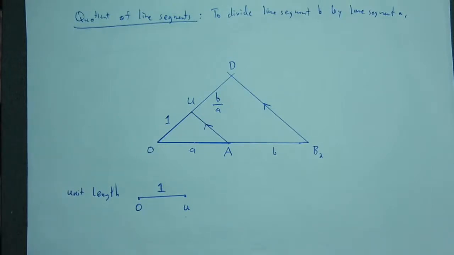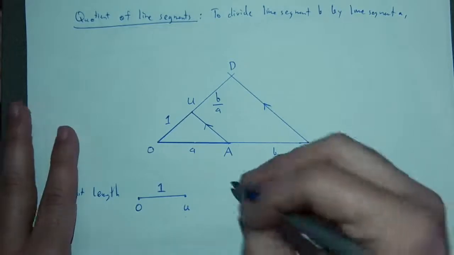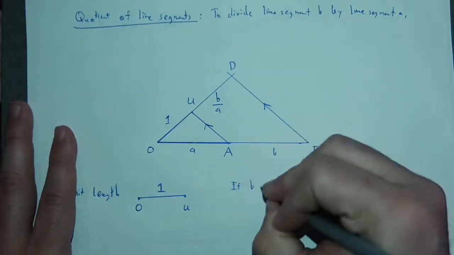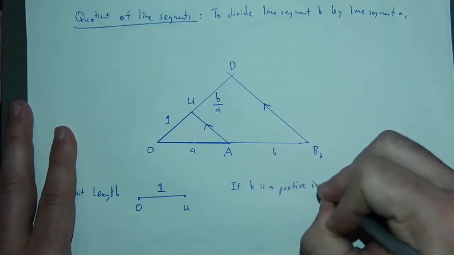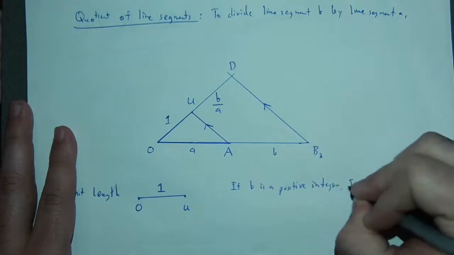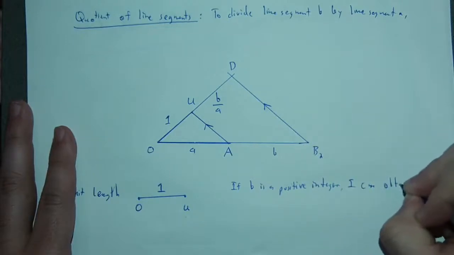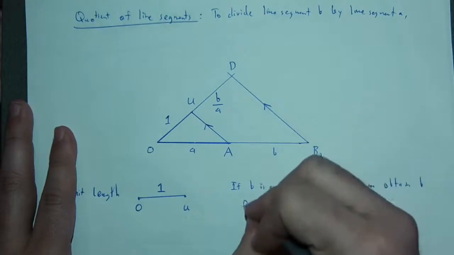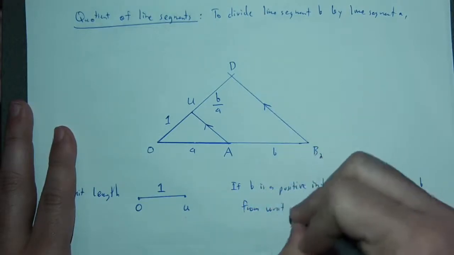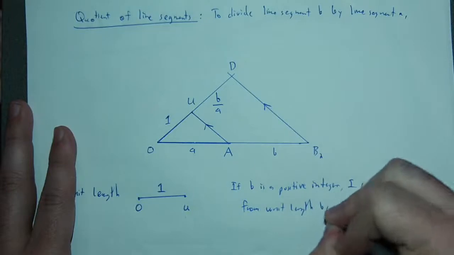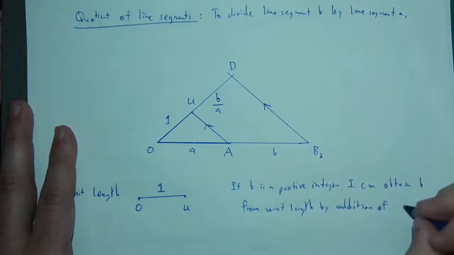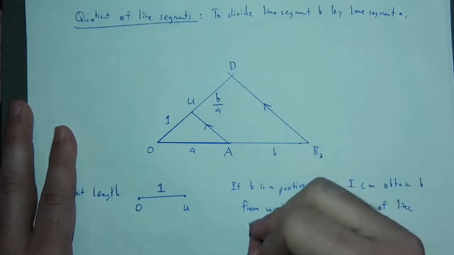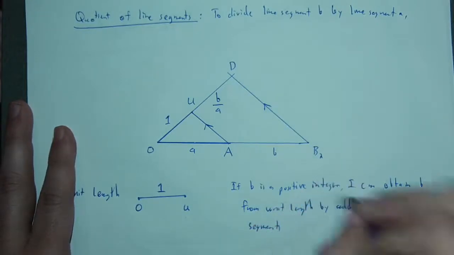And so if b is a natural number, or a positive integer, then I can obtain b from unit length by addition of line segments, right?